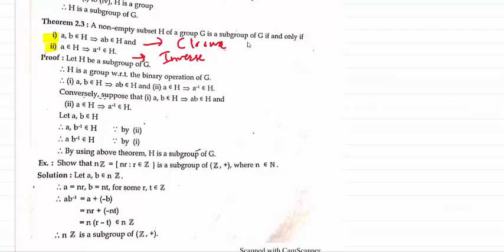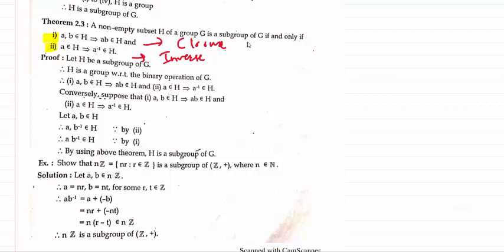One thing we should note is that this is an if and only if statement, meaning if H is a subgroup, then these two conditions are satisfied. If these two conditions are satisfied by H, then H must be a subgroup of G. In short, the converse is also true, so we have to prove both parts.